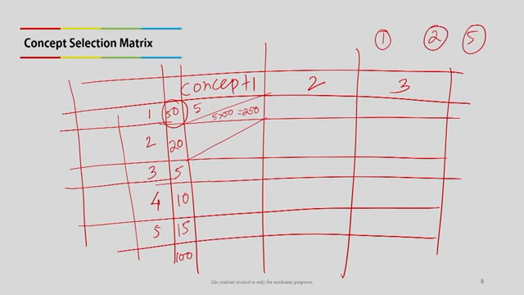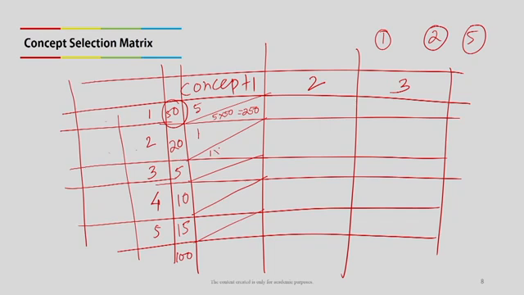Similarly, in each box you have to calculate. For concept 1, for the criteria 2, whether it is fulfilling this criteria or not. If it is not fulfilling the criteria, I can put 1.